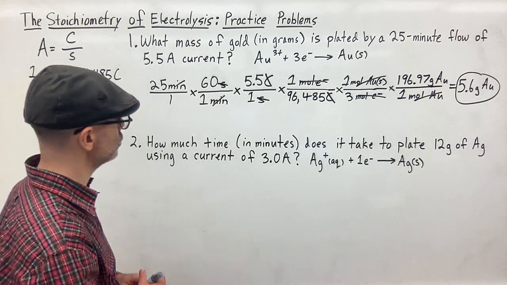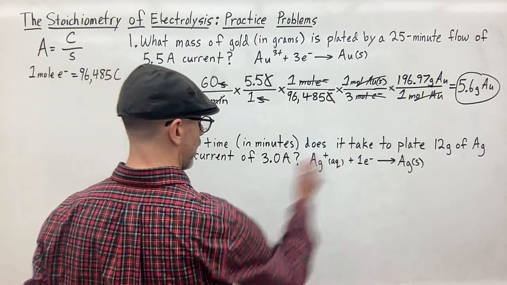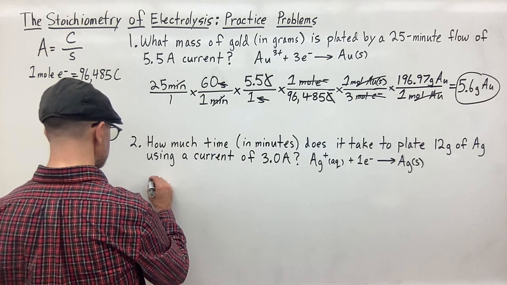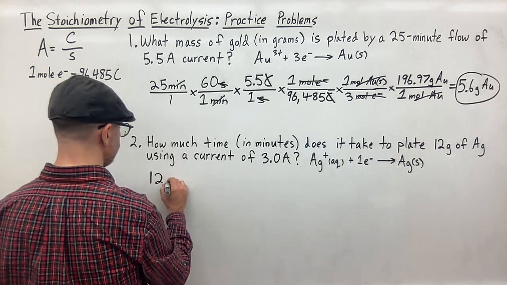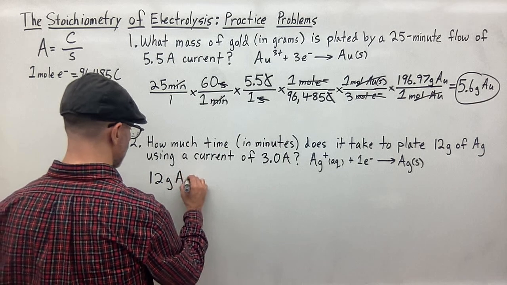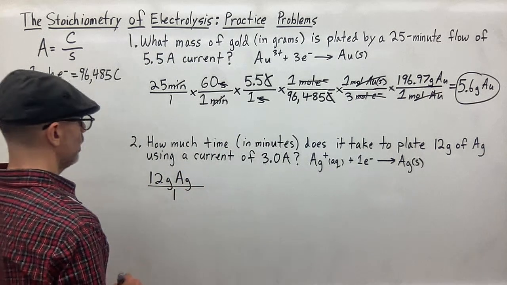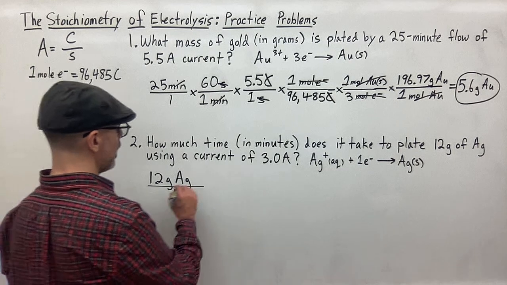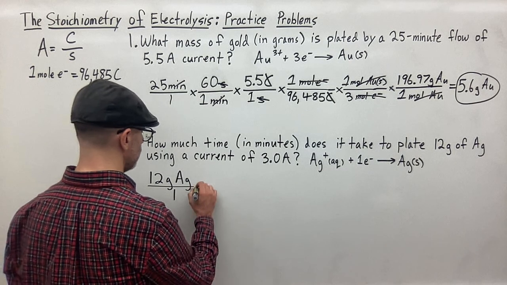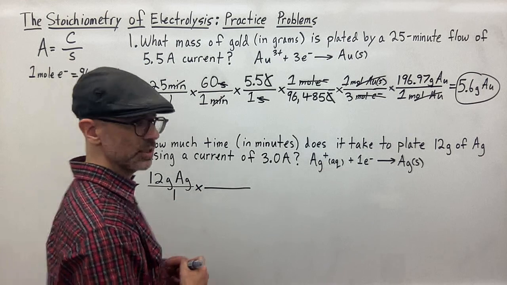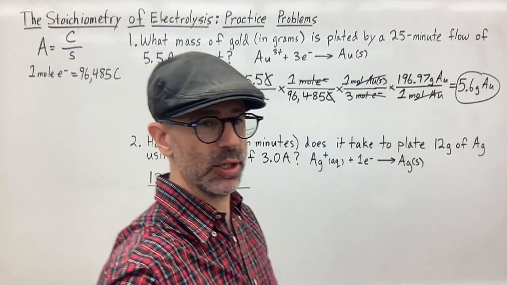So let's start with the 12 grams of gold, or I'm sorry, silver. So we have 12 grams of silver. And so now we're going to use our conversion factors. So we're going to need the molar mass of silver, and I'm going to look that up.